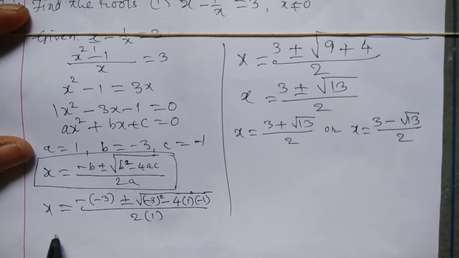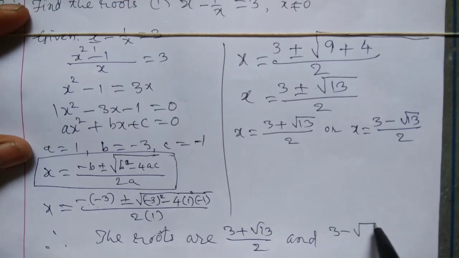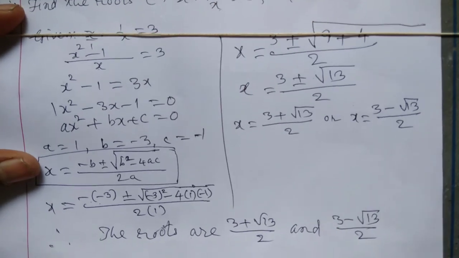So the roots are 3 plus root 13 by 2 and 3 minus root 13 by 2.